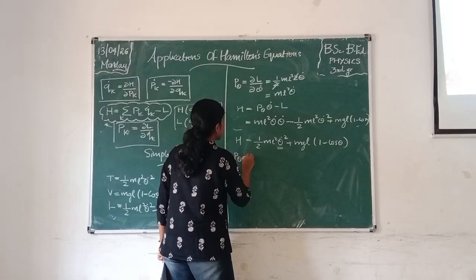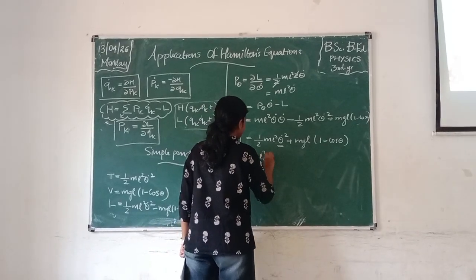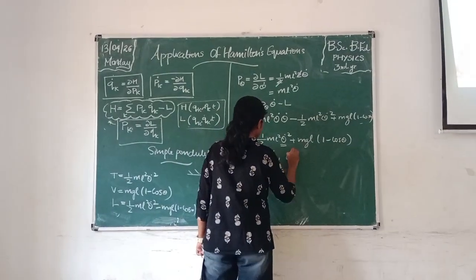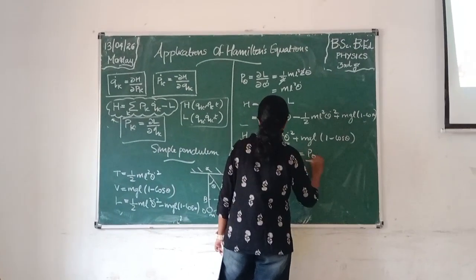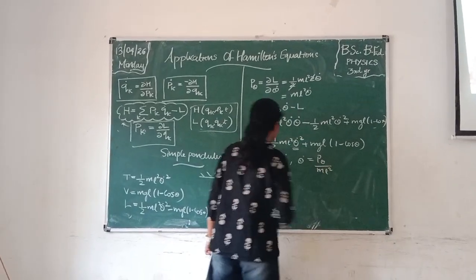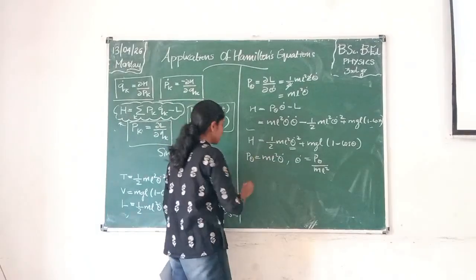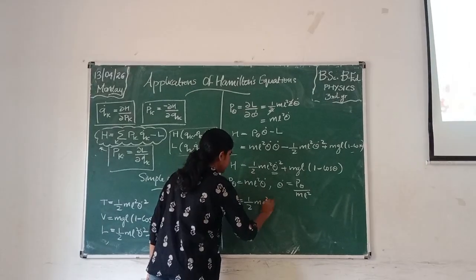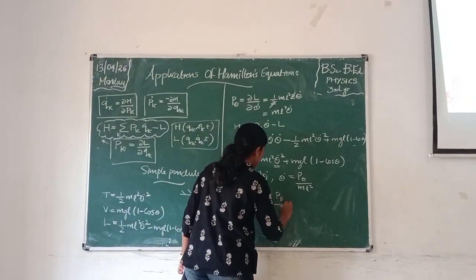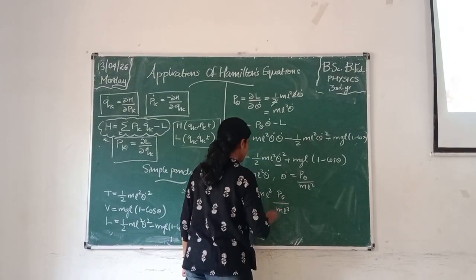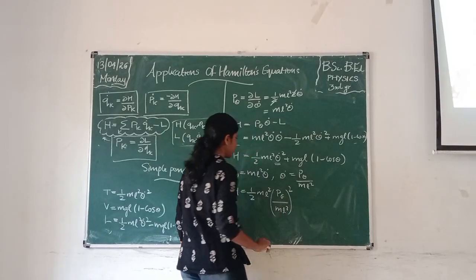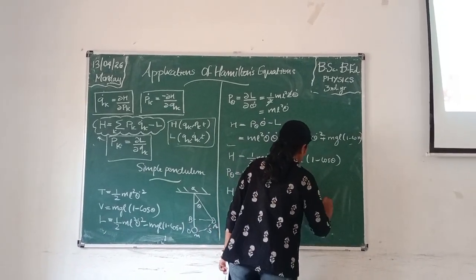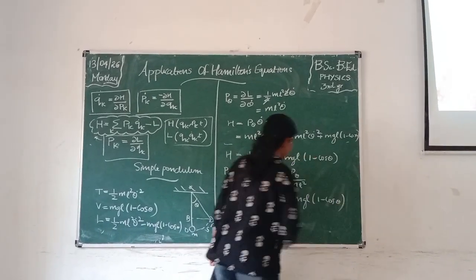We know that p theta is equal to m L square theta dot. From here theta dot will be p theta by m L square. Let's substitute this into this equation. So H is equal to half m L square into p theta by m L square the whole square, plus mgl into 1 minus cos theta.